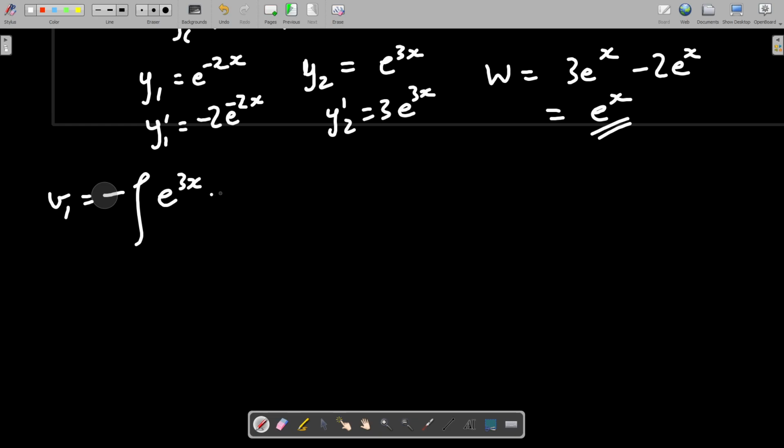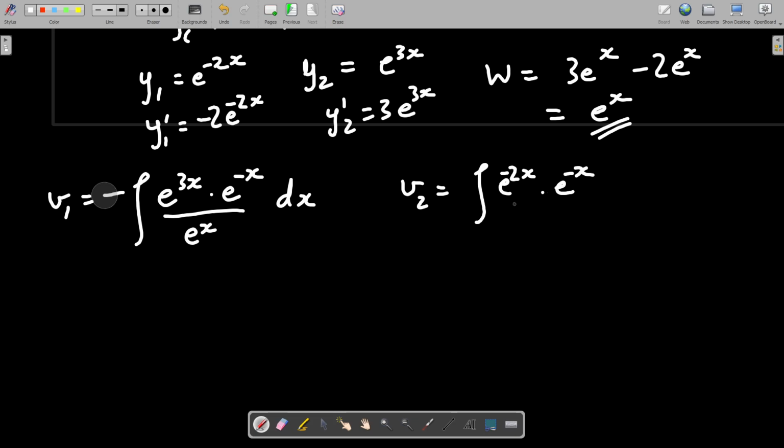R(x) term is what here? e raised to minus x upon the Wronskian, that is e raised to x, dx, and v2 will be e raised to minus 2x into e raised to minus x upon e raised to x dx.